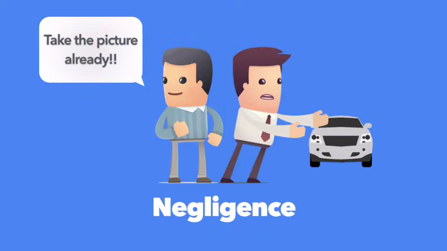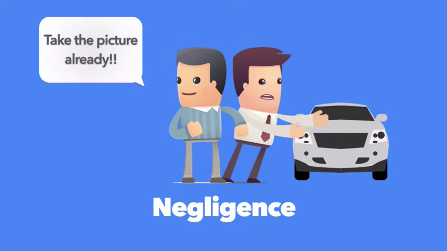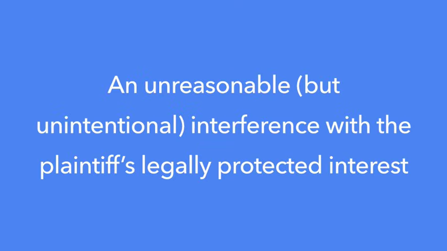Negligence is the most common basis for tort suits. This is liability for harms that are not caused by the defendant deliberately, but for which the defendant is at fault because he or she, or it, in the case of a business, was careless in some way. For example, the defendant, posing for a picture, backs up into the plaintiff, knocking him into oncoming traffic.